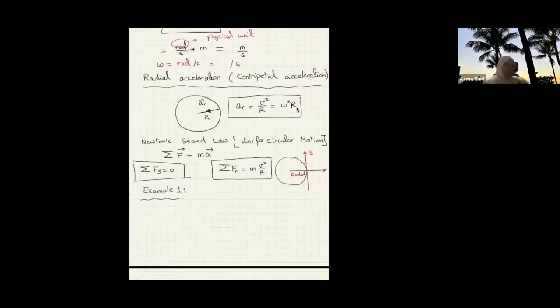Okay, example 1 is going to be a car on a flat curve. When I say flat, this means it does not have any angle.